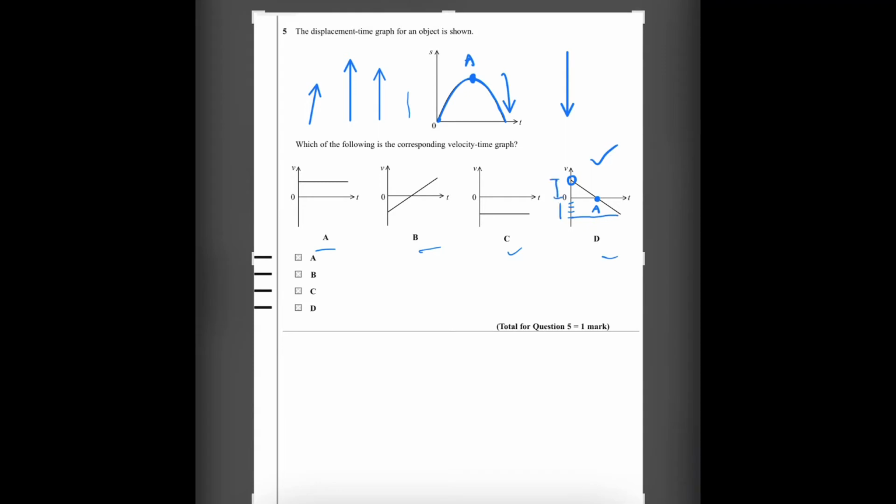At first it was positive and then it is negative, because the direction has changed to the opposite direction. So in this way we can show that the gradient is negative, and the velocity is slowly decreasing to 0 and then increasing again in the opposite direction, so it has a negative value in this part. So the answer to number 5 is D.